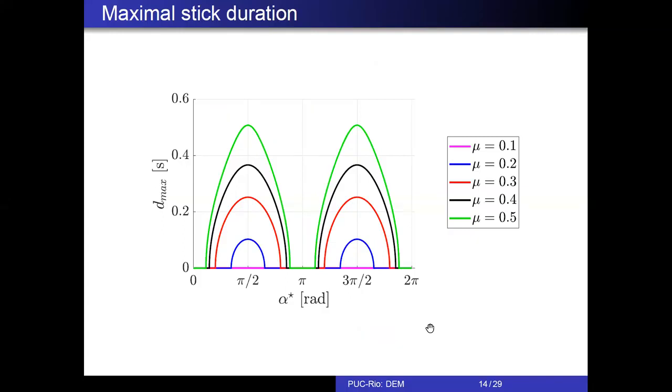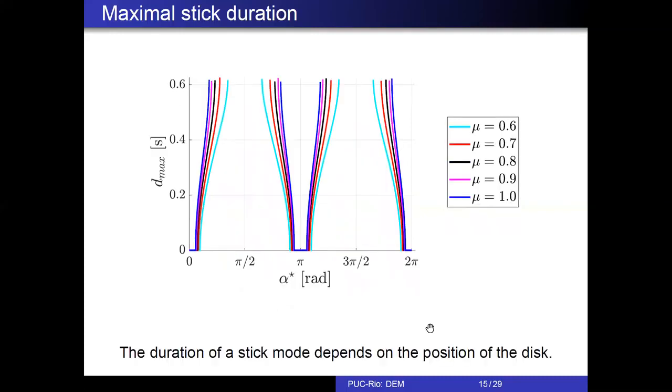We have this behavior for the friction coefficient from 0.1 until 0.5. When we increase a little bit the value of μ, for example, μ equal to 0.6, the stick can last forever if alpha star is around π over 2 or 3π over 2. Please observe that the stick duration depends on the position of the disk. These two variables are dependent.